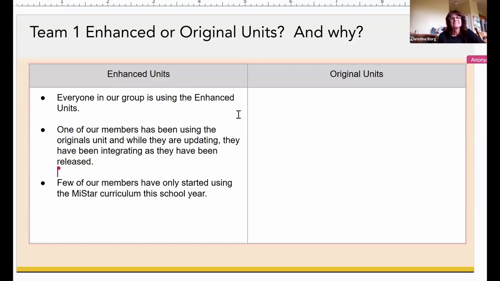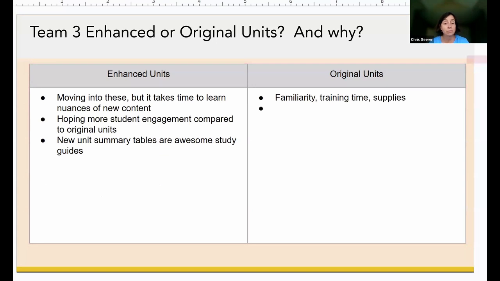All right, thanks everybody. It looks like in group one, everybody's using enhanced units, and some people are moving slowly from the originals to the enhanced units as they get updated. In group three, also moving into them, but it takes time to learn the new units, and certainly that would be a barrier.